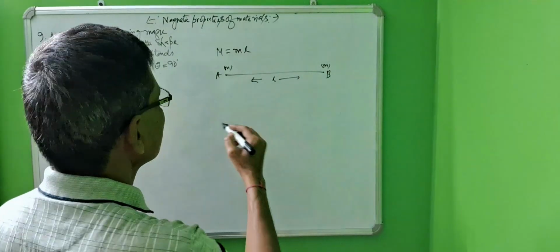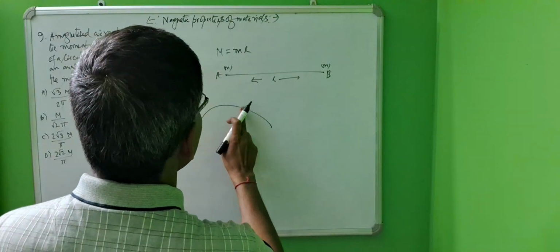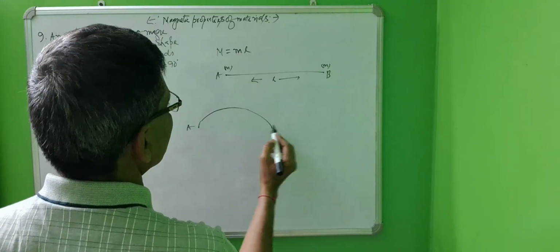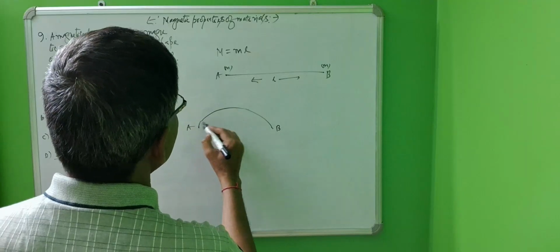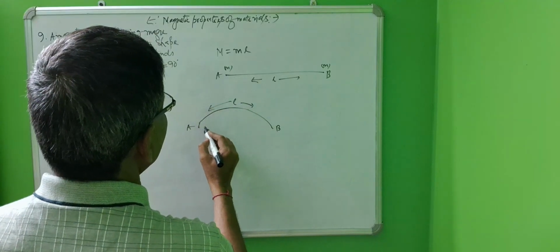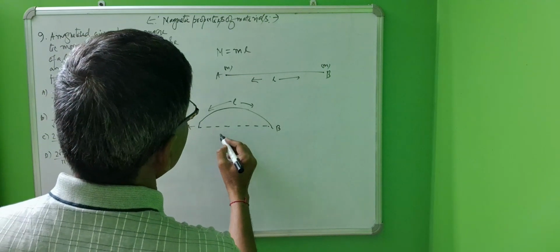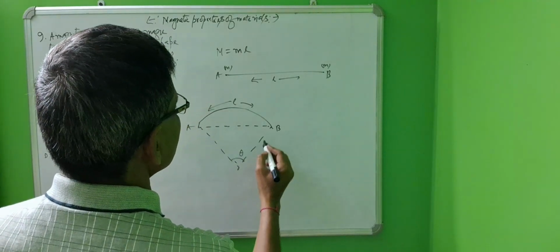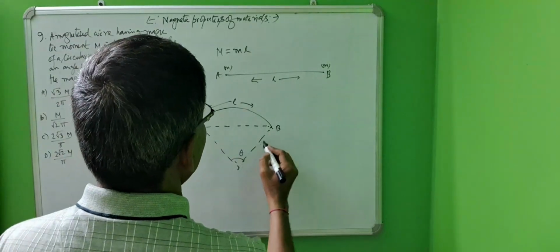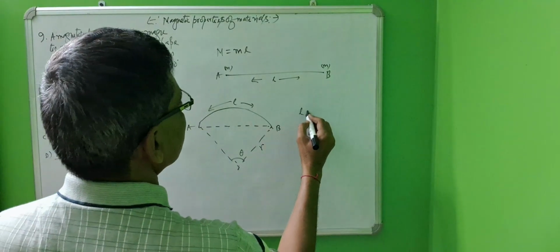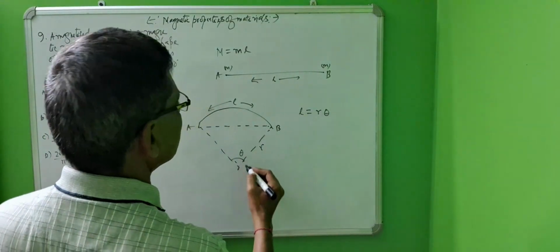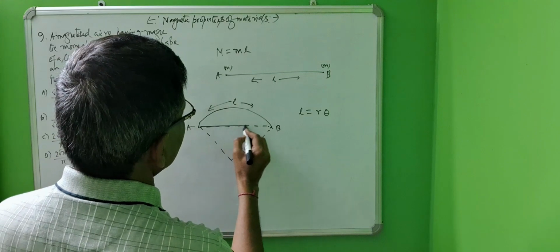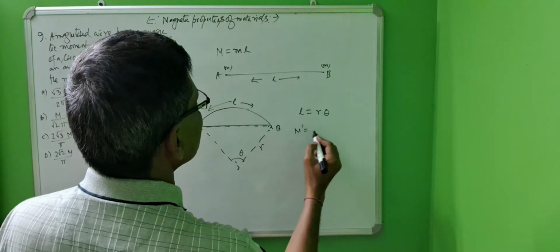The problem says this wire is bent into a circular arc AB of length L. Suppose this is the center, subtending angle theta, and this is radius r. So we can write L equals r theta, and the new M dash equals pole strength into AB.